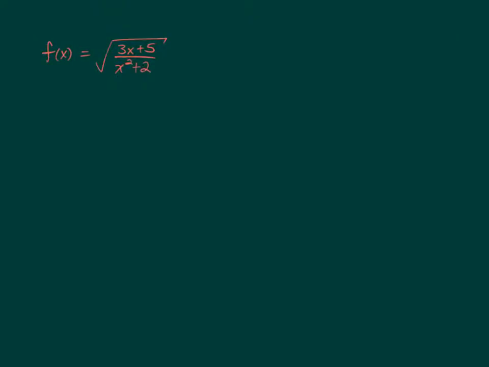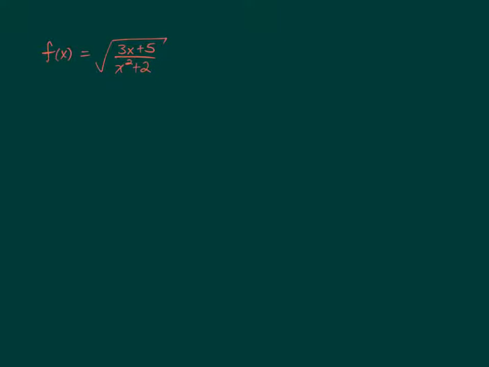There are two more examples, and on this slide you can see one of them here. The directions are to differentiate and simplify. So here we have f of x equals the square root of the rational expression (3x plus 5) over (x squared plus 2).